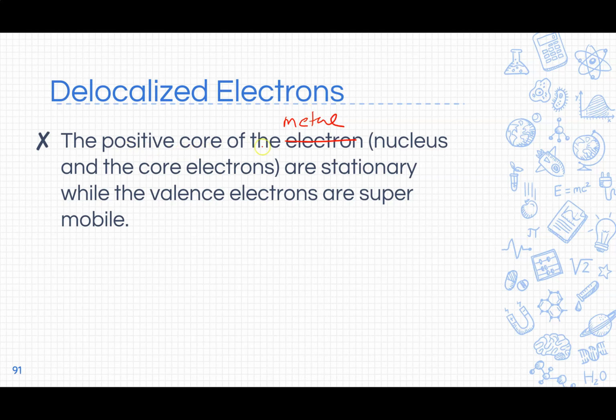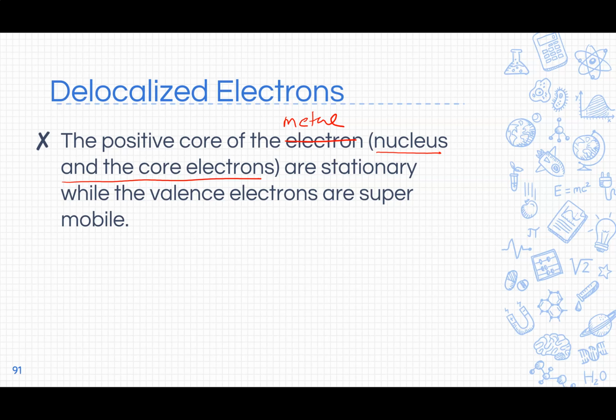And when I say positive core of the metal, I mean the nucleus of the metal and its core electrons. That's going to end up being positive because there will be more protons than there are electrons, because we haven't counted the valence electrons yet. So the positive core of the metal, which is the nucleus and the core electrons, is stationary in this model, but the valence electrons are supermobile.